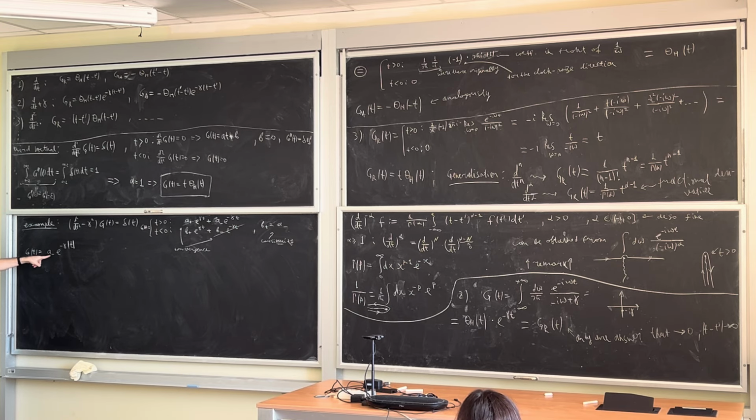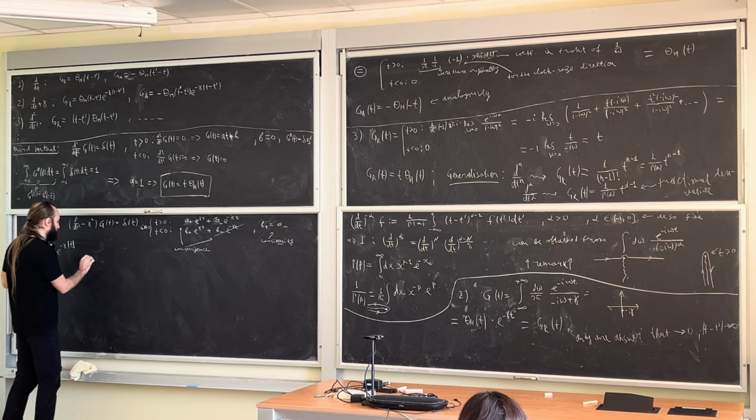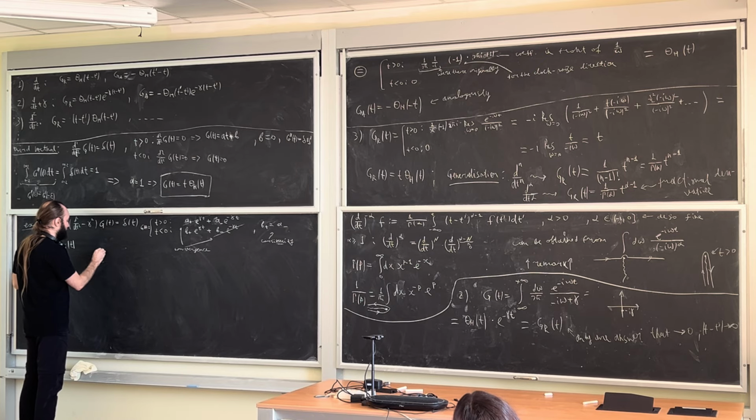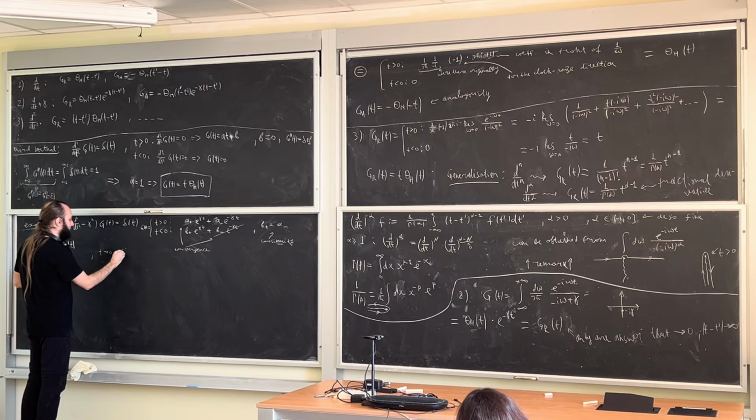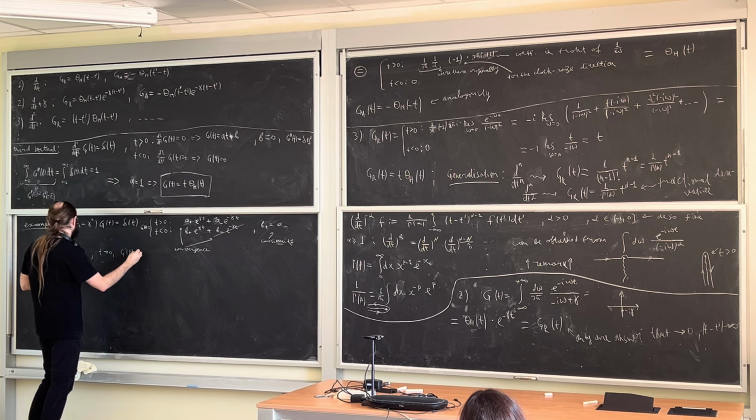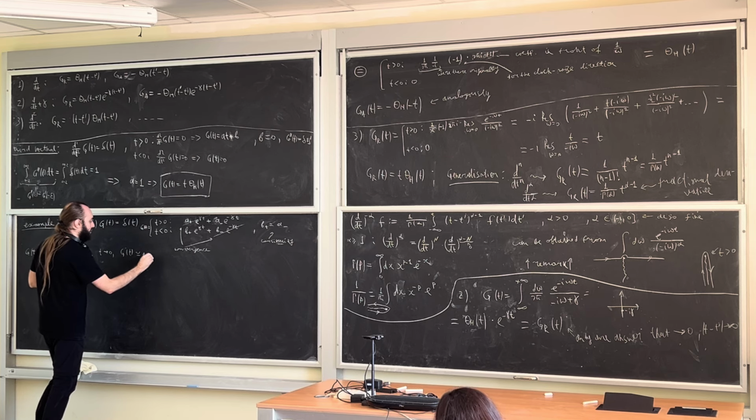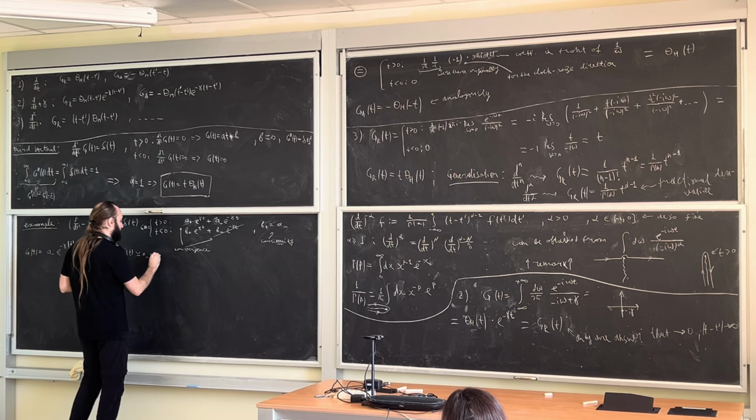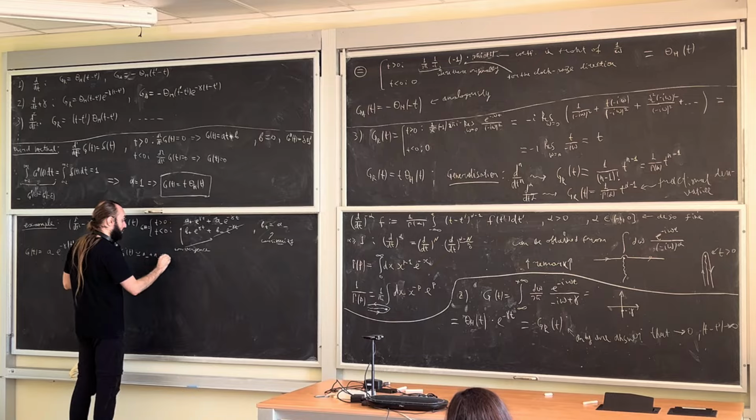And when we want to find A minus, we should look only at a vicinity of 0. So when t goes to 0, g of t behaves as A minus plus A minus gamma absolute value of t.